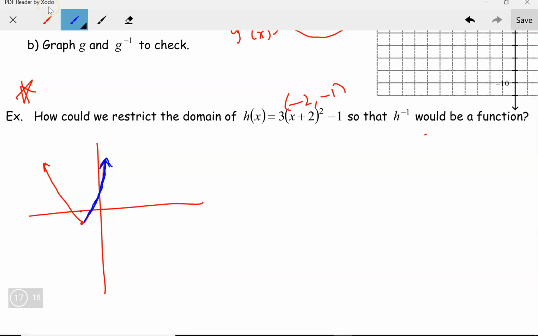And now when I take my inverse, the vertex of the sideways parabola is going to be (-1, -2). So let's go -1 on the x, -2 on the y, somewhere over here.